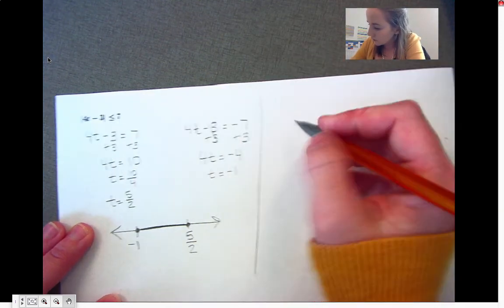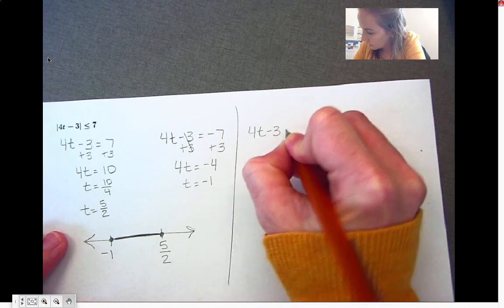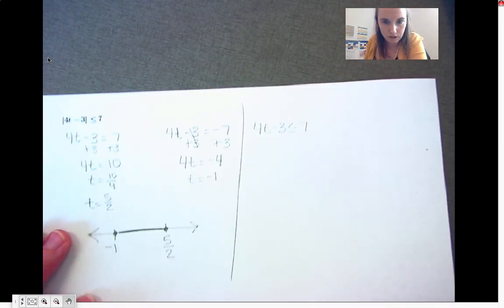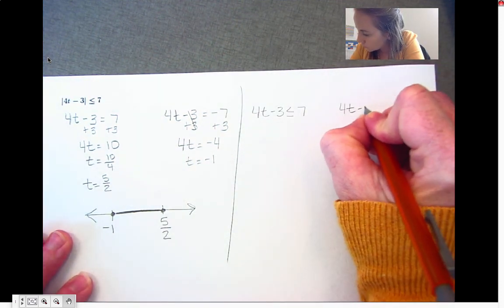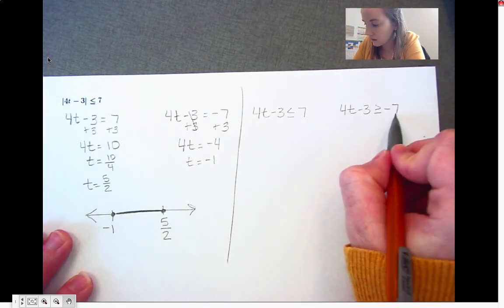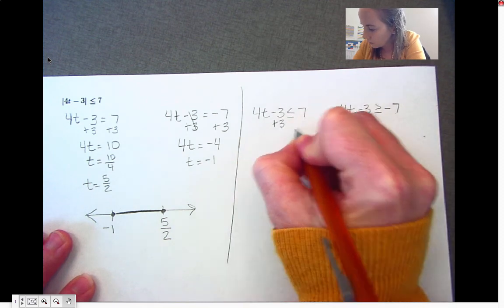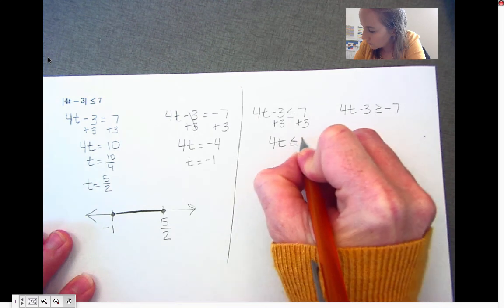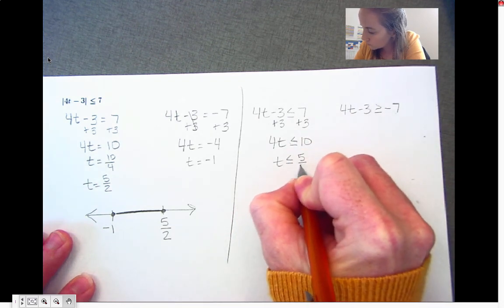Again, if you solve it the other method, 4t minus 3 is less than or equal to 7. That's exactly how it's shown, just without the absolute value bars. Or 4t minus 3 is greater than or equal to negative 7 because I made this negative, flip the sign. Now solve. Plus 3, 4t is less than or equal to 10. T is less than or equal to 5 over 2.